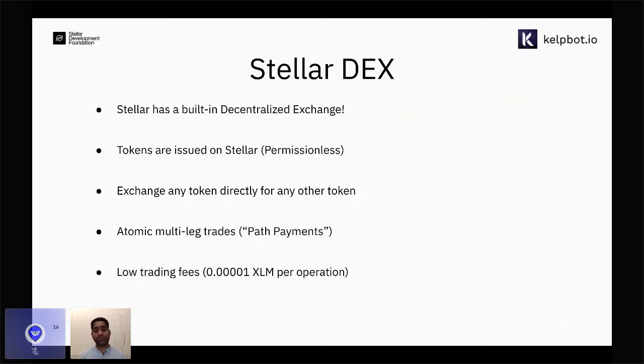You could stand in the middle there and make the spread between those markets by making markets with currencies in the middle of those, the direct corridor, while providing liquidity to those independent markets as well. Stellar also has very low trading fees at 0.00001 XLM per operation.